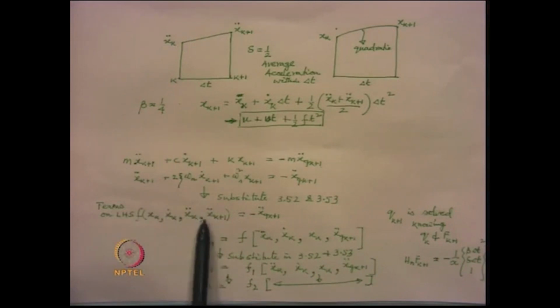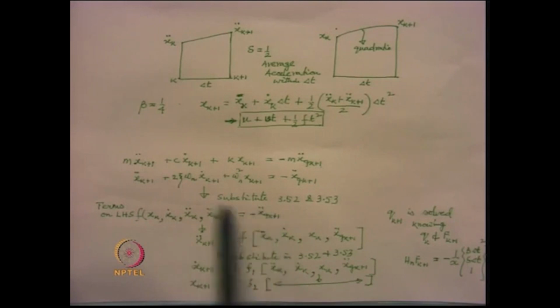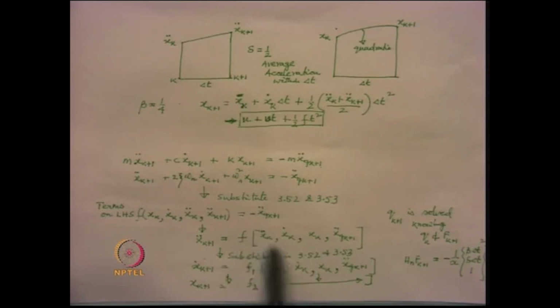So, this acceleration x double dot k plus 1 is not known to us. Therefore, from this equation one can find out x double dot k plus 1, and this will be a function of the known quantities, that is the acceleration, displacement and velocity at the previous time step, and the ground acceleration at the k plus 1th time station.